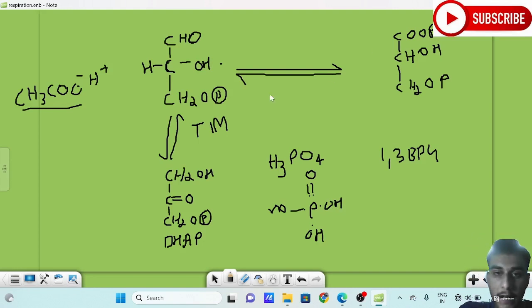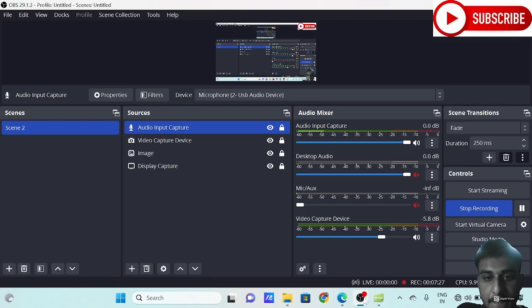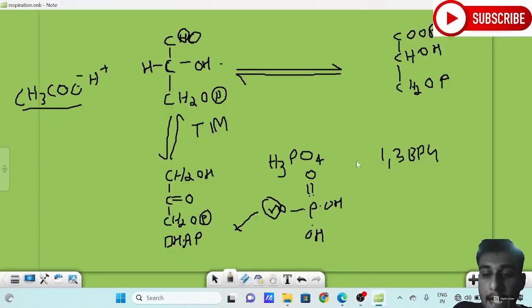So phosphoric acid reacts with glyceraldehyde 3-phosphate. What happens is that this H from the glyceraldehyde, also this H from the phosphate group, is released within the process, and it is accepted by NAD, nicotinamide.